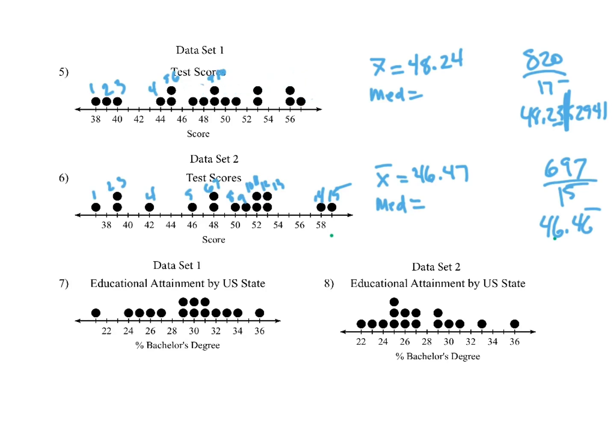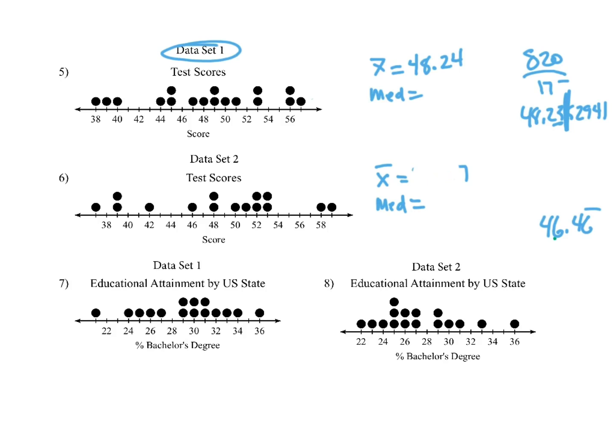So pretty easy to see which one has the higher mean. Okay. Interestingly enough, it's data set 1. I almost guessed data set 2. But based off the numbers we have, that's how many we got. And I think I made a mistake there. That number seemed a little too low.